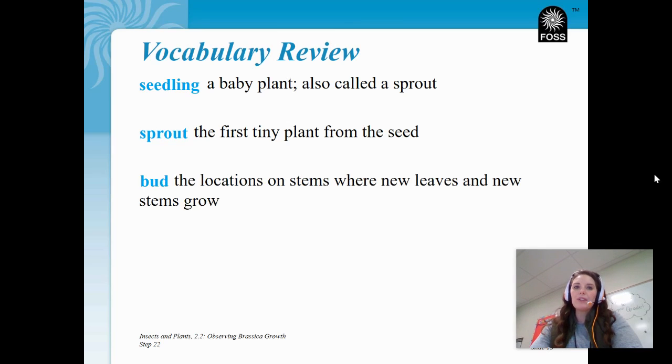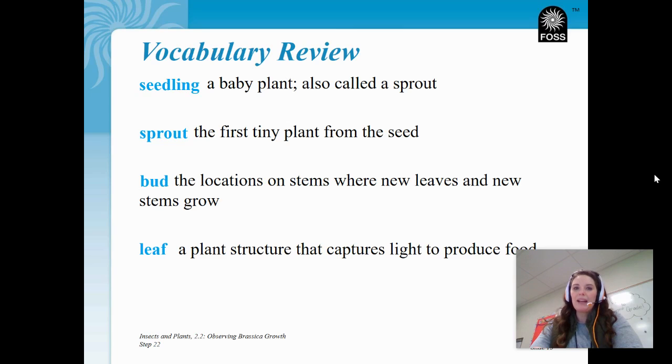You also may have noticed a bud starting this week, which is the location on stems where new leaves and new stems grow from. So take a look at your brassica plant. Do you see a spot where you see the stem growing or maybe new leaves emerging? That is a bud.